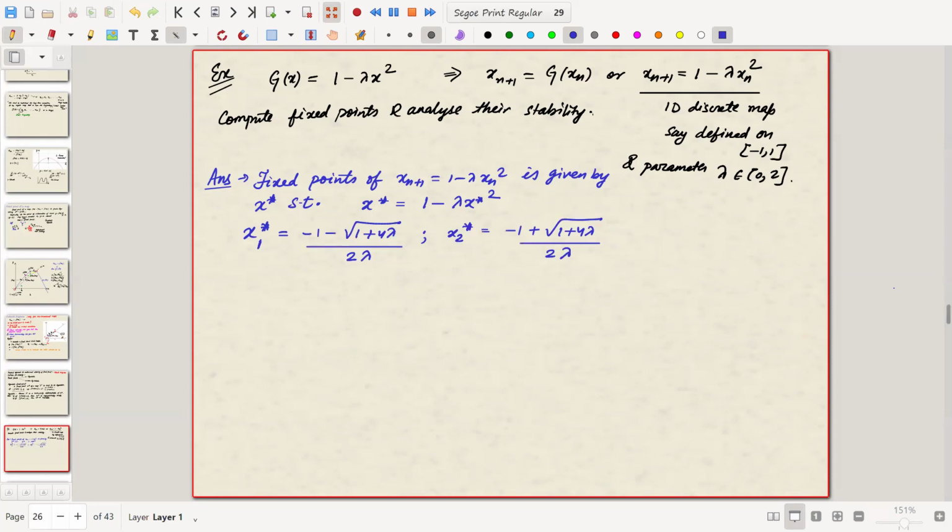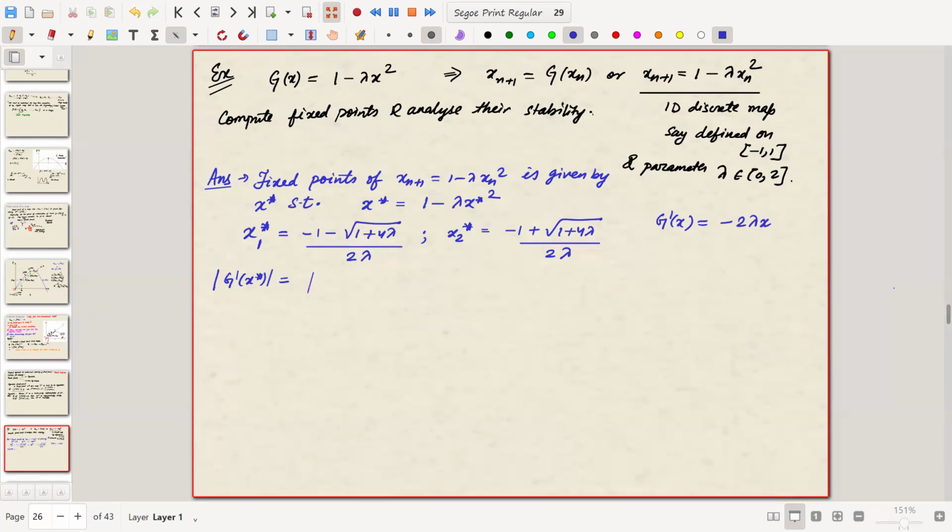Now we want to understand which one is stable and which one is unstable. How will you compute it? So what is f prime of x star? Sorry, g prime of x star. You have to compute this to find stability, right? First of all, what is g prime of x? g prime of x is minus 2 lambda x.